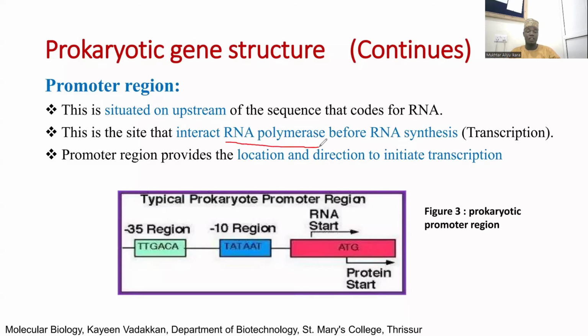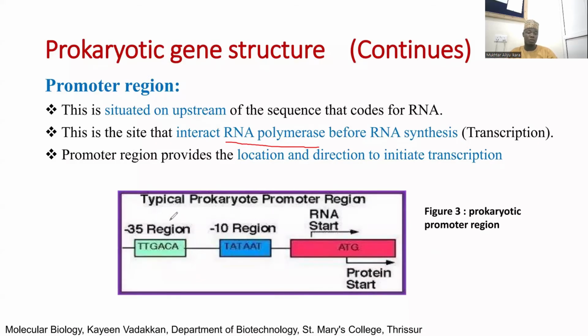The RNA polymerase must bind to the promoter region before transcription starts, and this promoter region also provides the location and direction to initiate transcription. So transcription is initiated at this site, which is the promoter region.